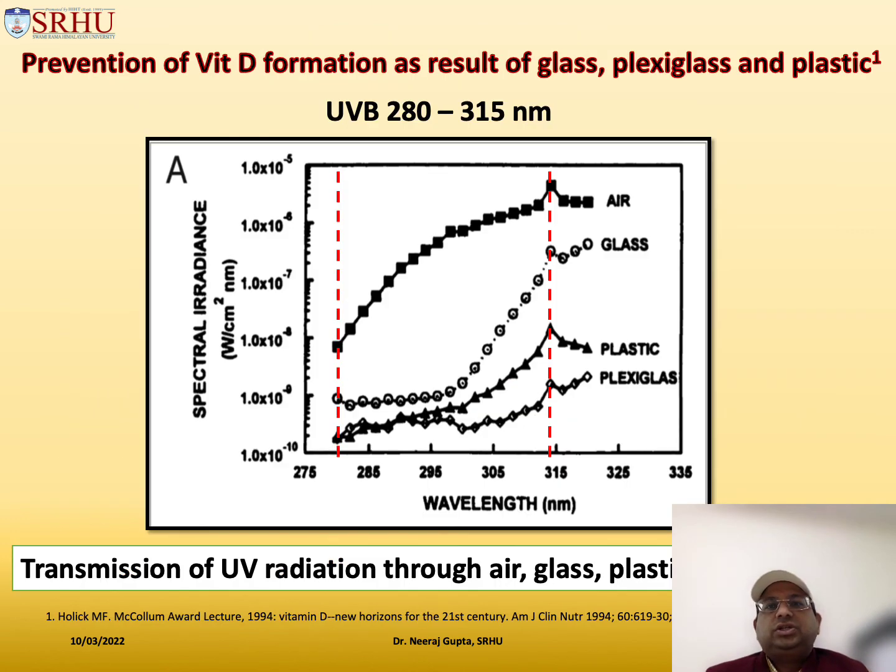Now, this slide shows the transmission of UVB radiation through air, glass, plastic, and plexiglass. And as can be seen, there is a drastic reduction of UVB by these barriers.